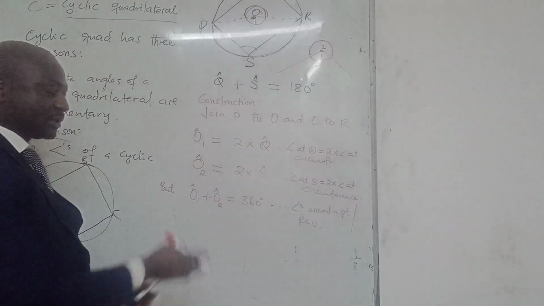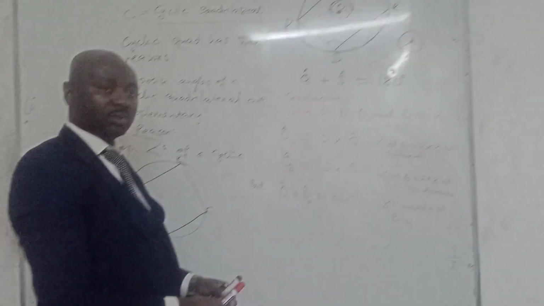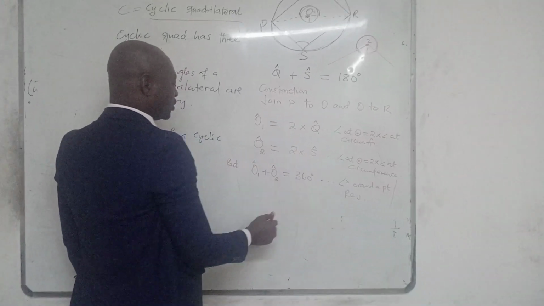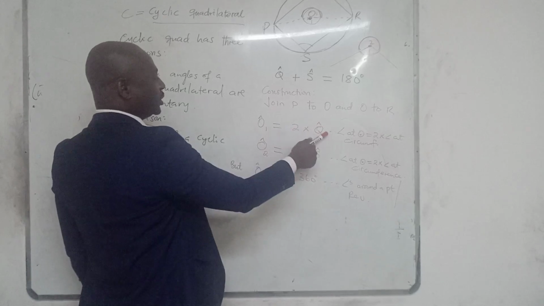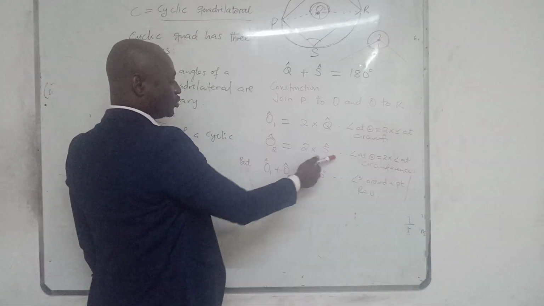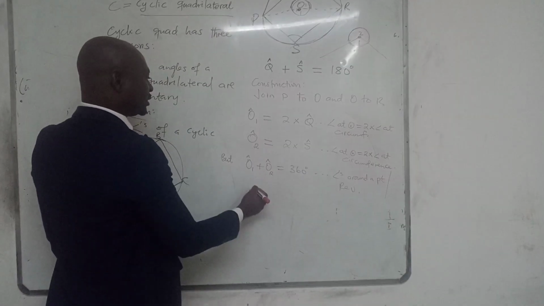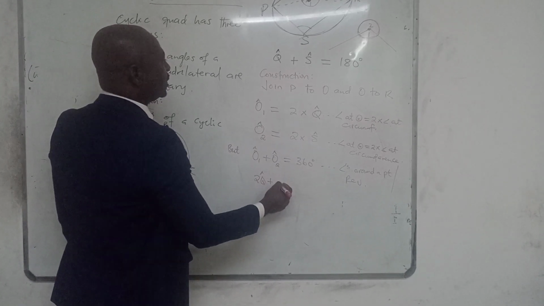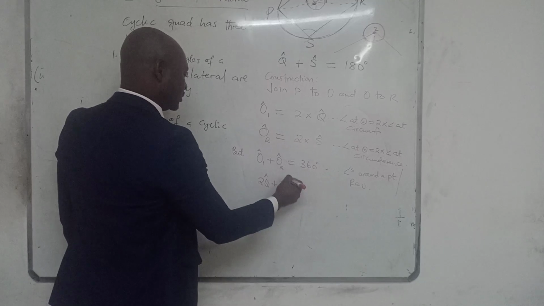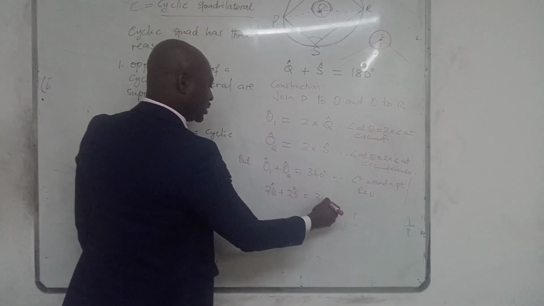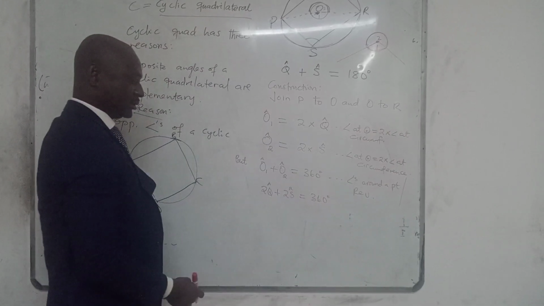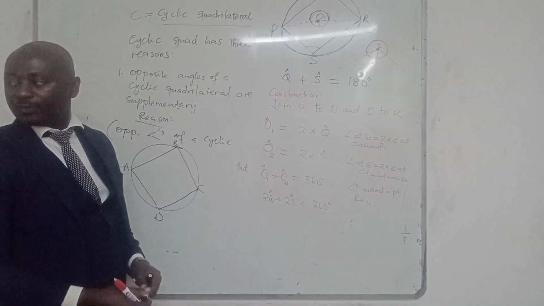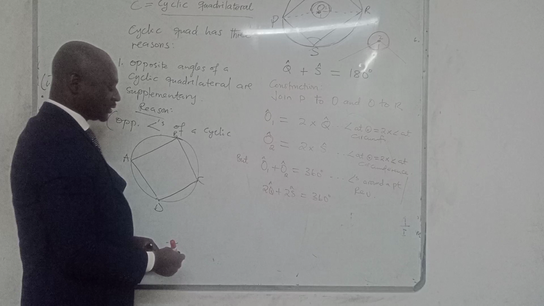You choose between the two. So if O1 plus O2 is 360, what was O1? O1 is 2Q. O2 is 2S. So I can simply say 2Q plus 2S is equal to 360 degrees. When you have something that is in common, you take a common factor. So what is your common factor here?